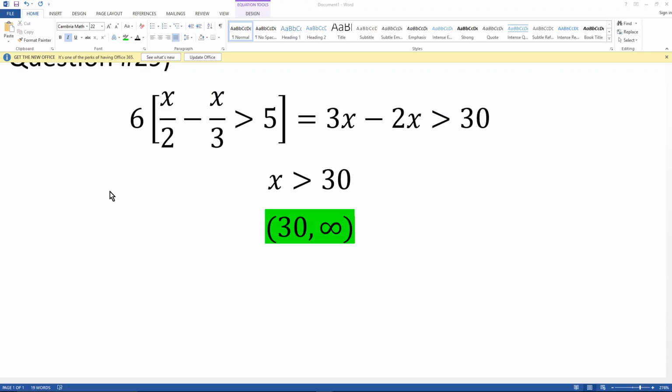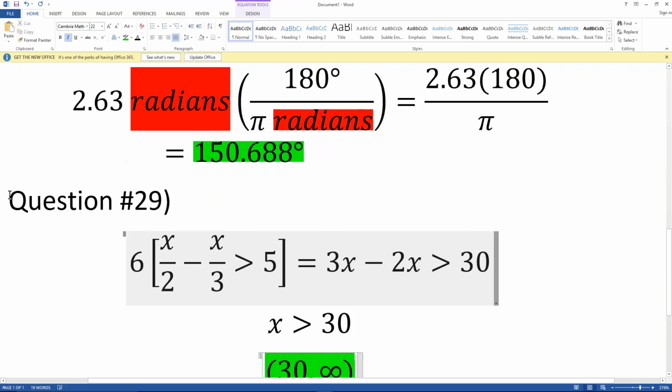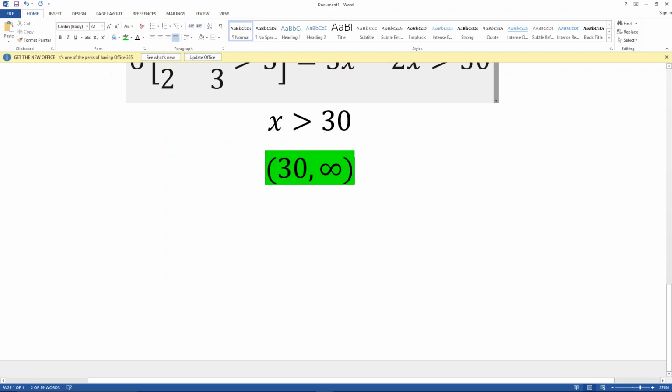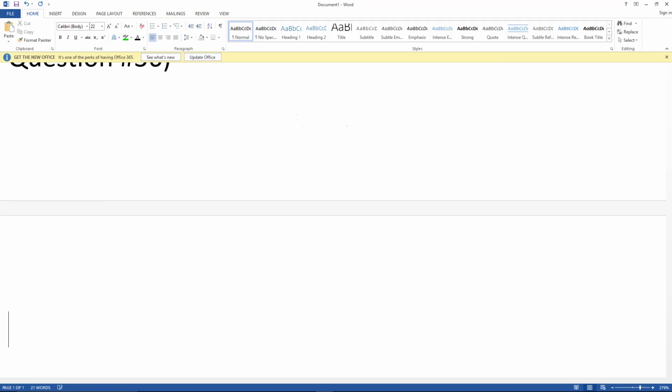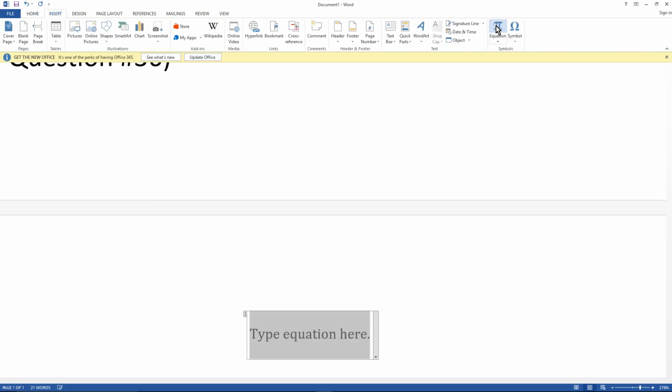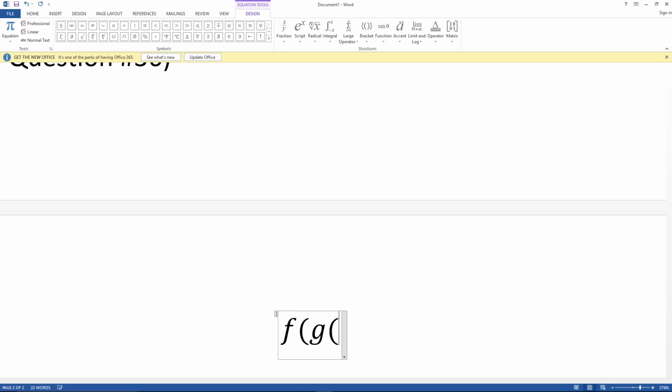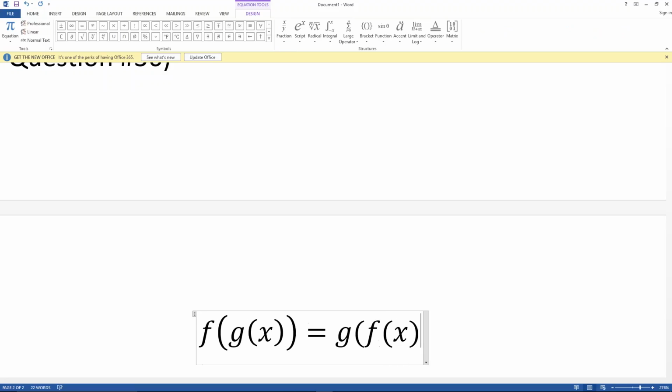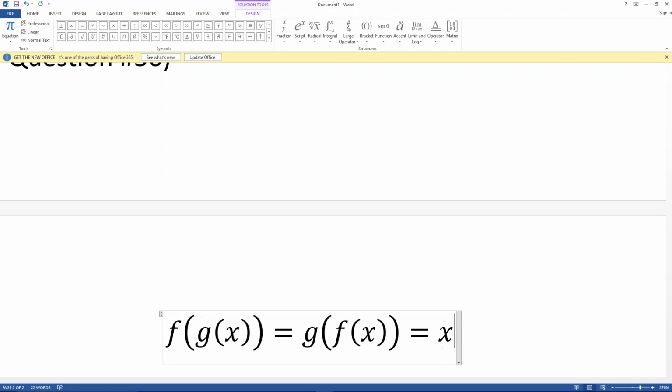Okay, so you have to prove that they're inverses. To prove that they're inverses, we have to say that f of g of x is equal to g of f of x, and that has to equal x.